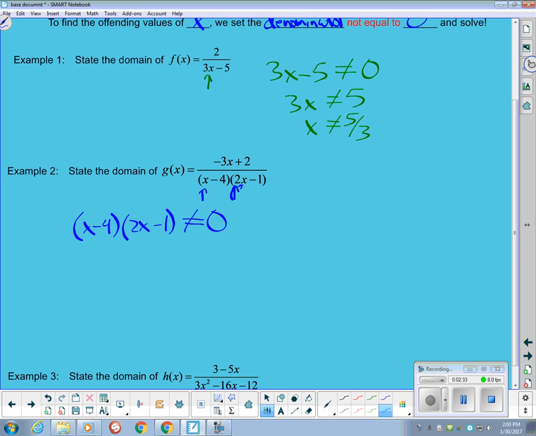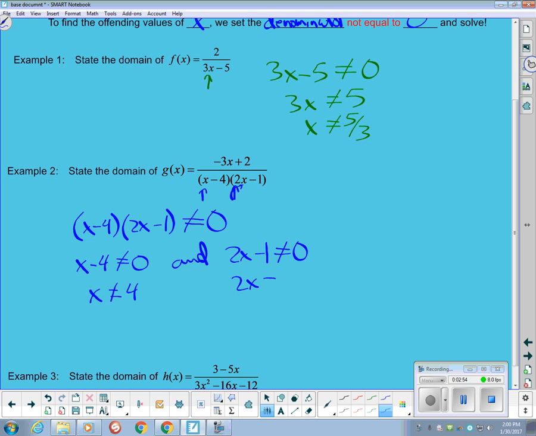This is in the zero product property form, so if this is going to not be 0, then that means x minus 4 cannot be 0, and 2x minus 1 cannot be 0. So this would mean x cannot be 4.